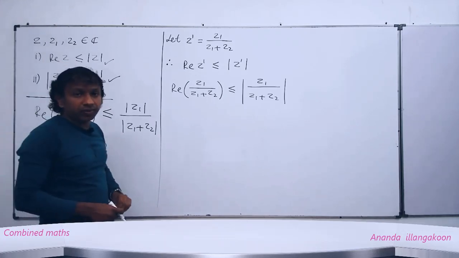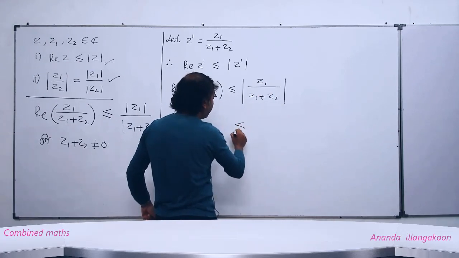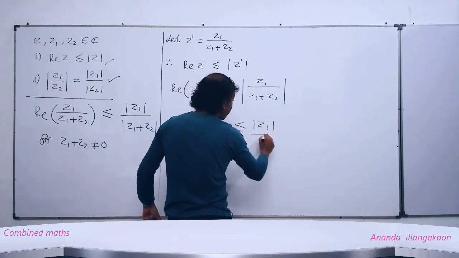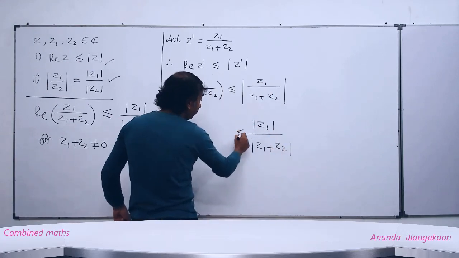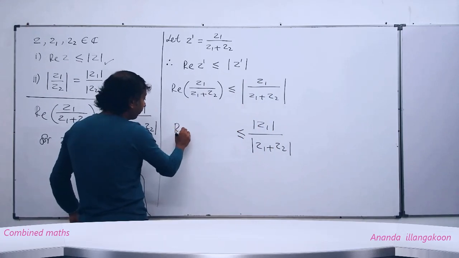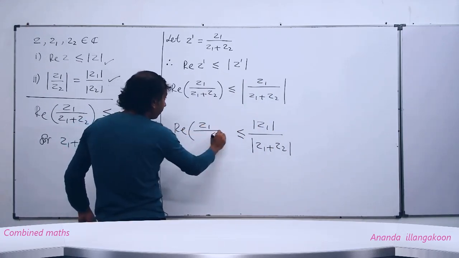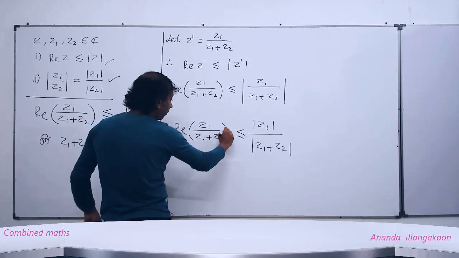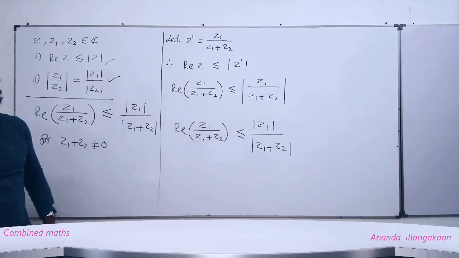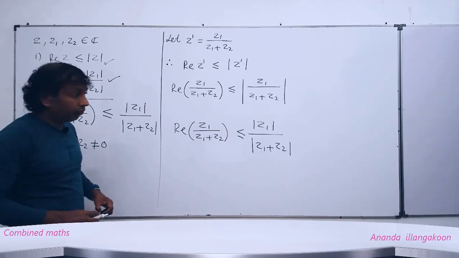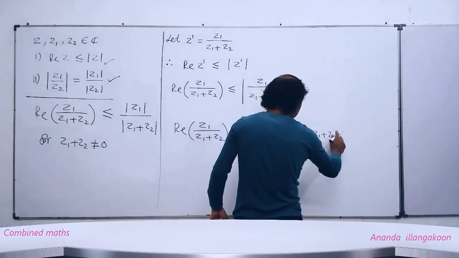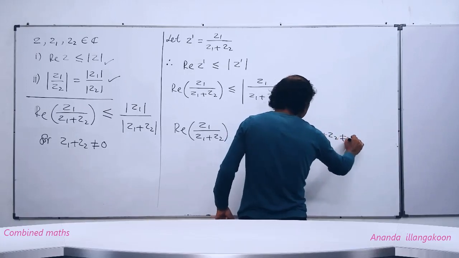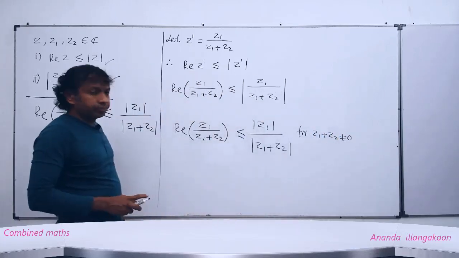Then once we apply that one, this one I can write as mod Z1 divided by mod Z1 plus Z2. This way I can write. Correct, no? And this is true for Z1 plus Z2 not equal to 0. Right.